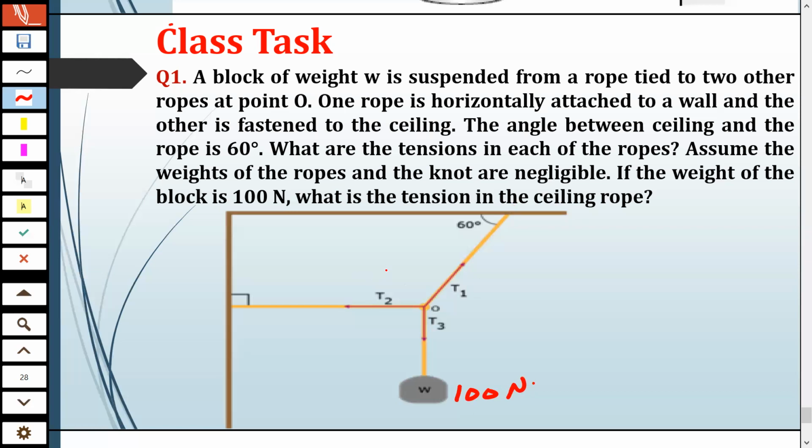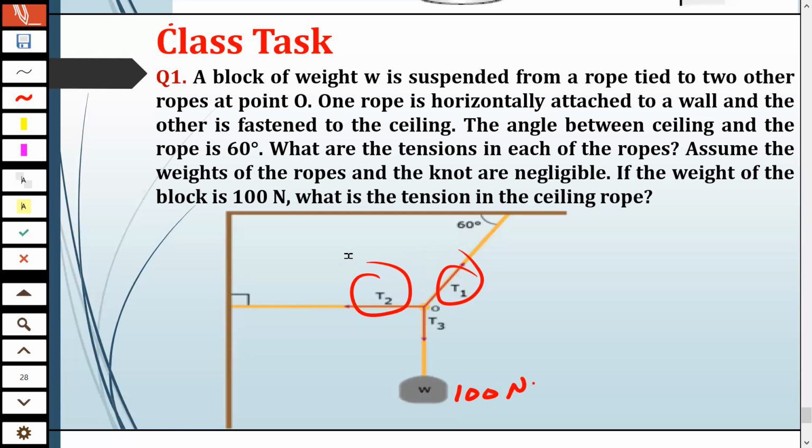So we have these two ropes, T2 and T1. One is attached to the ceiling, one is attached to the wall. The one that is attached to the wall is T2, the one that is attached to the ceiling is T1. And we've been asked to find these tensions.